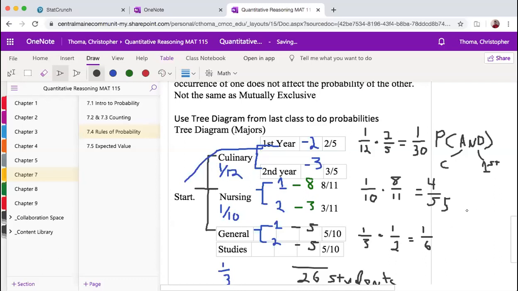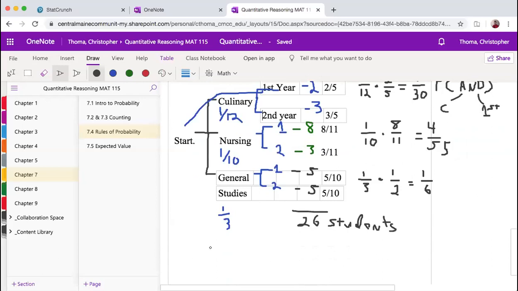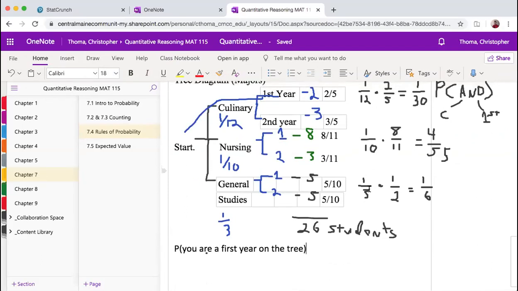Now, if we actually built a whole tree diagram, I want to ask you this. I'm going to type this now so we can see it. If I ask you the probability you are a first year on the tree, well, where are my first year probabilities?